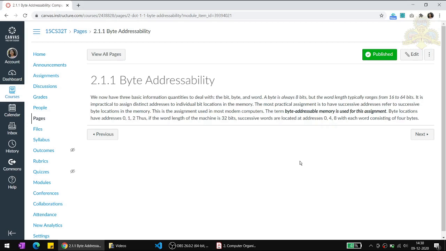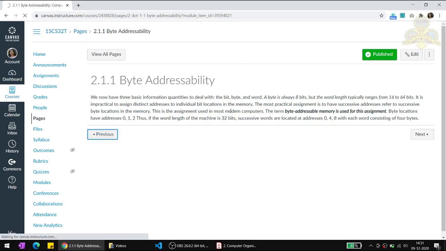This technique is used in modern computers. We call it byte addressable memory or byte addressability. Suppose the word length of the machine is 32 bits, then the successive words would be located at 0, 4, 8, and so on.